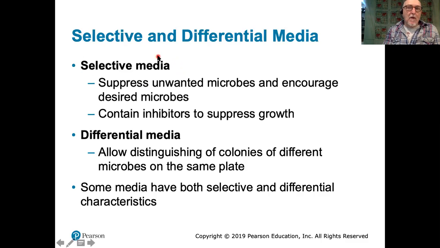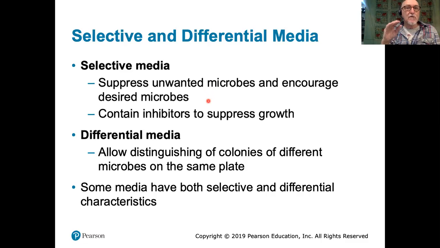These are media, usually solid media, which have components in them which are going to suppress unwanted microbes, and they will encourage the ones that we're interested in, increasing our chances of being able to sample the ones that are of particular interest.